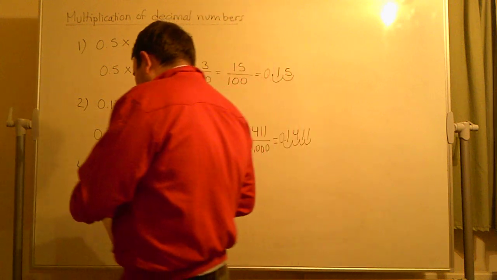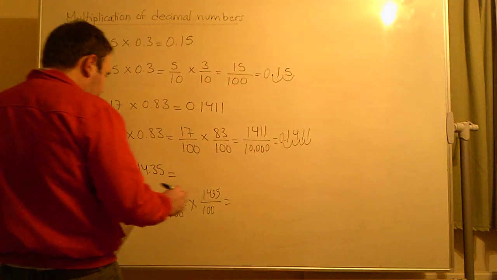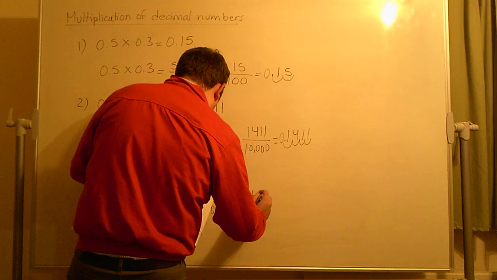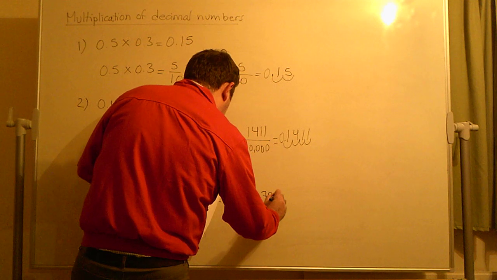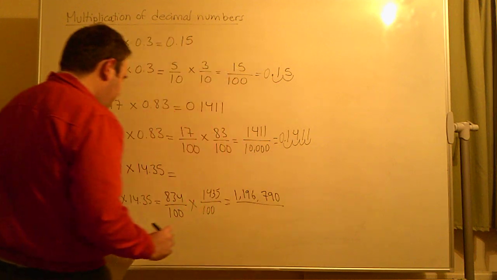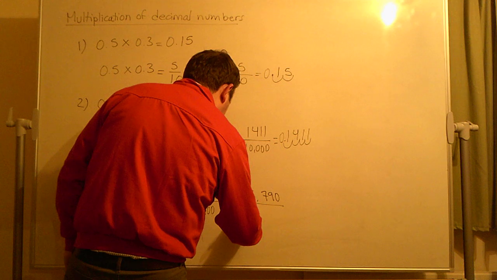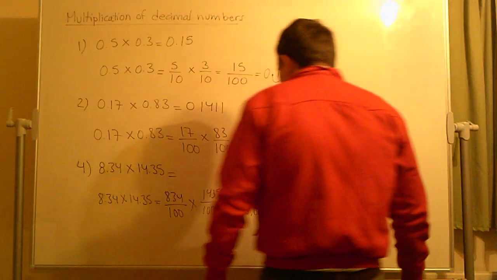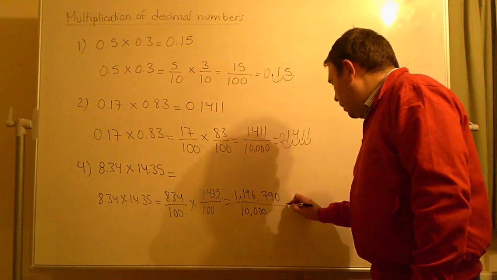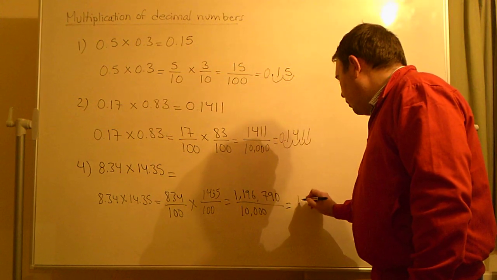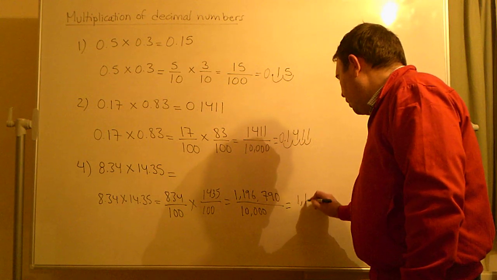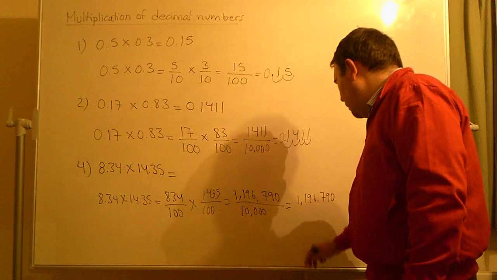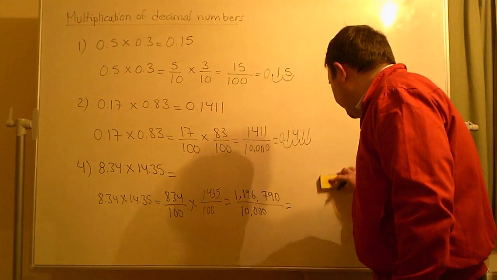And then this will be equal to 1,196,790 divided by 10,000. So if we want to express this as a decimal, we need to write down 1,196,790, but without the commas.